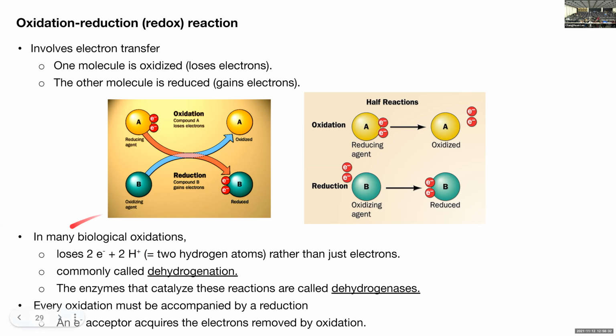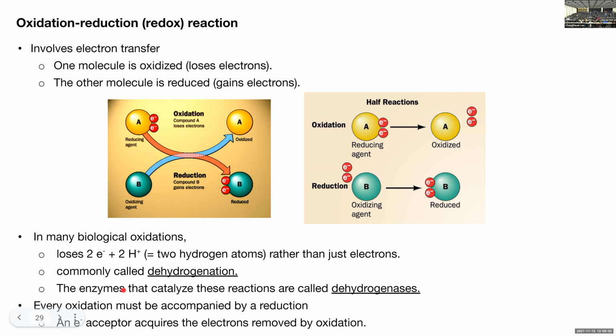Okay, and in actual biological oxidations, it's not just about losing electrons, but it also loses two hydrogen cations in the form of two hydrogen atoms. So it's the same as two hydrogen atoms, right? Which is pretty neutral, but in the end it's losing the two electrons. It's commonly called dehydrogenation because you're losing hydrogen atoms from your initial molecule.